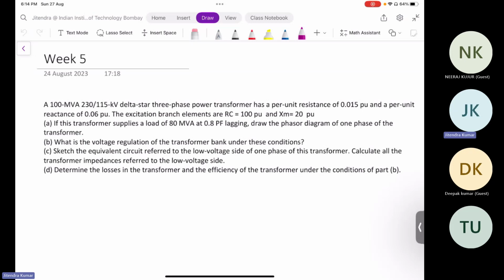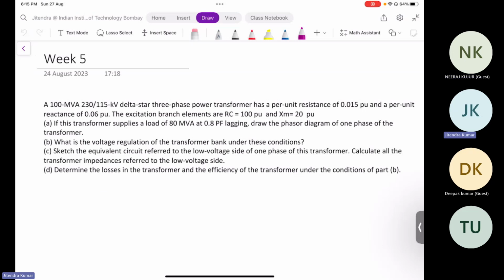If data are given in per unit along with actual values, then the first thing we need to compute is the base values of voltage, current, and impedance. If everything is given only in per unit, you do not need to bother finding the base values, because your answer would also be asked in per unit. So you should avoid going into base or actual values.